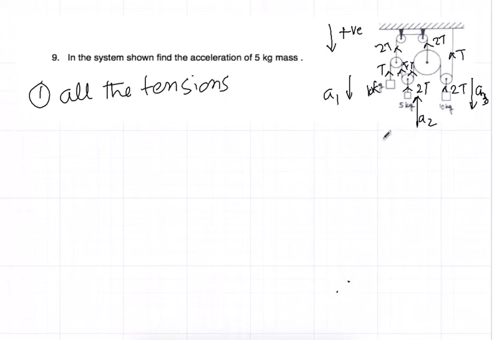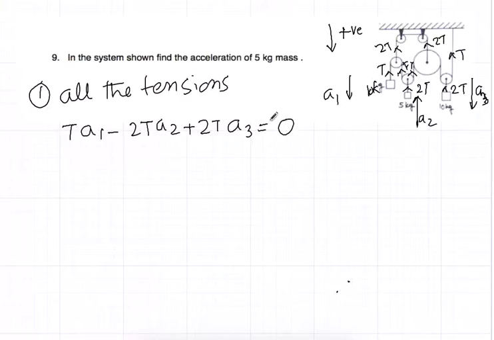As I said, if you add all the tension into acceleration terms, that sum must be 0. That is the constraint relationship. Look at this. The tension is T, so T into a1, taking downward as positive, minus 2T into a2, plus 2T into a3, equal to 0.